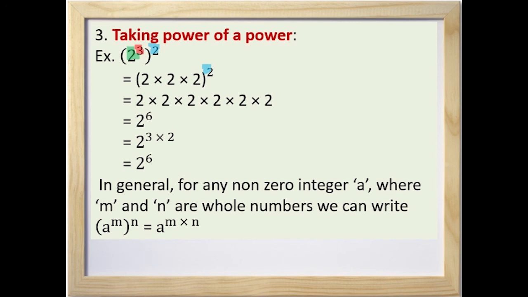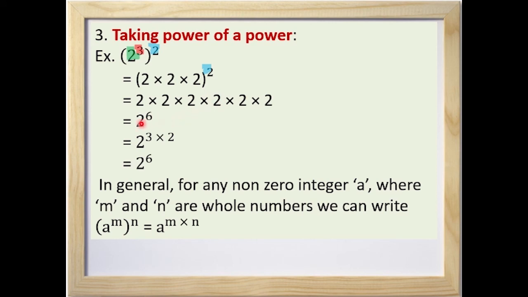Now, 2 to the power of 3 can be written as 2 into 2 into 2, the whole thing raised to the power of 2. Is it clear? So, that means we can write this as 2 into 2 into 2 into 2 into 2 into 2. That means 2 is multiplied by itself 6 times.